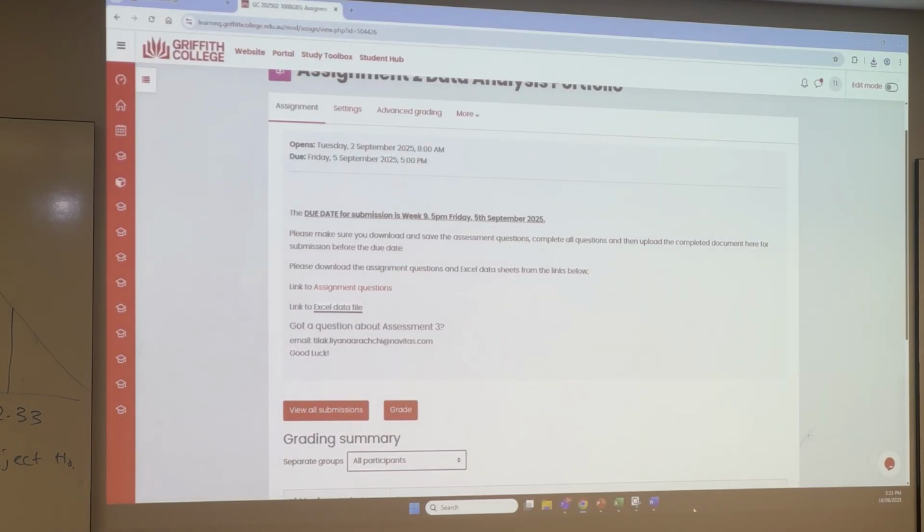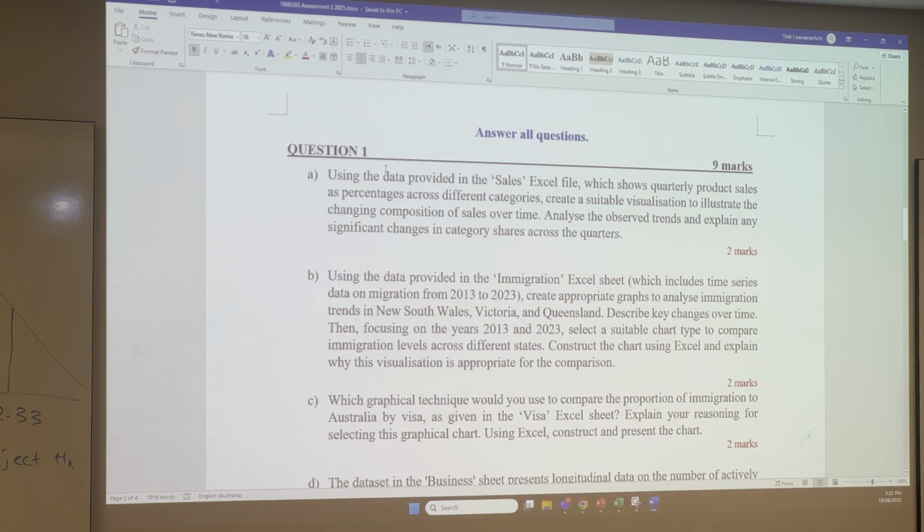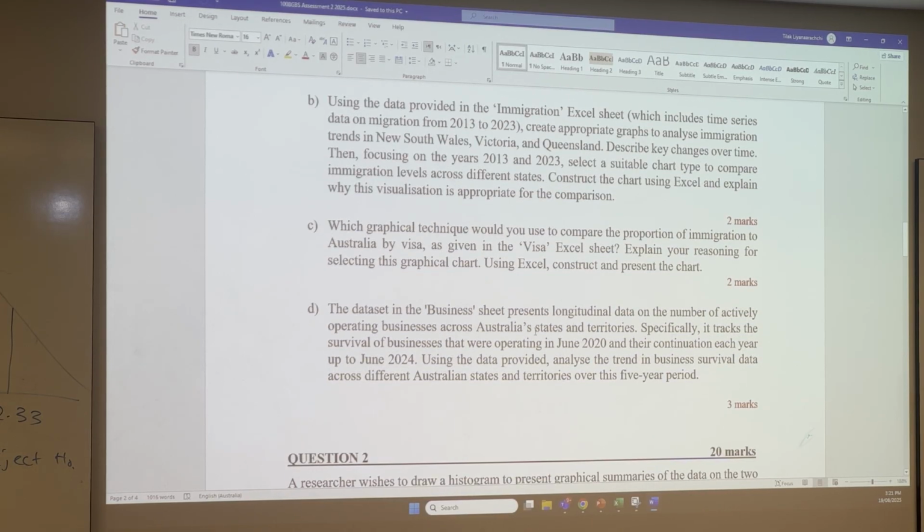So the first question is using data provided in sales, which graph is suitable for that data? Second one is immigration data, which graph is better? Third one is visa, sorry, which graph is better?